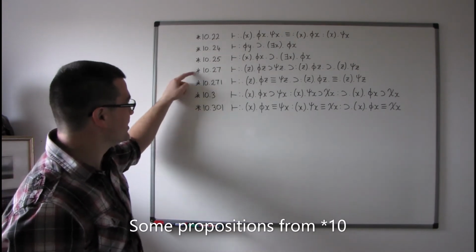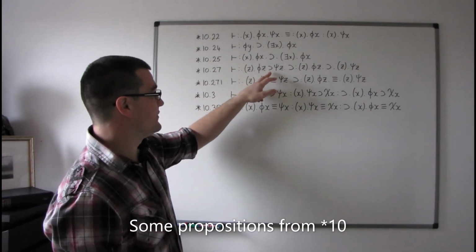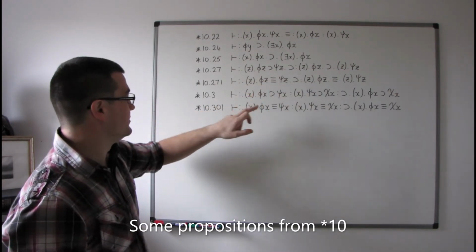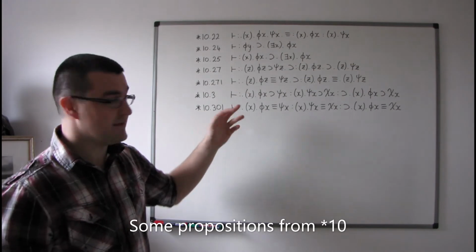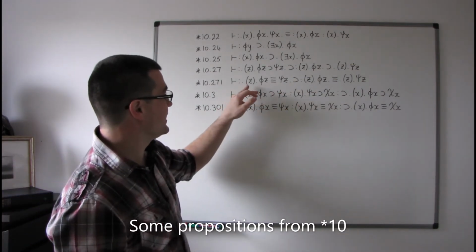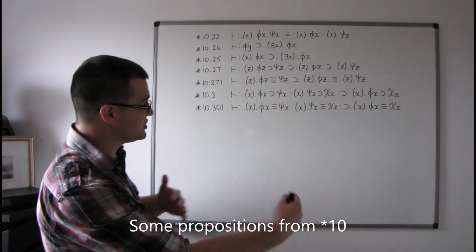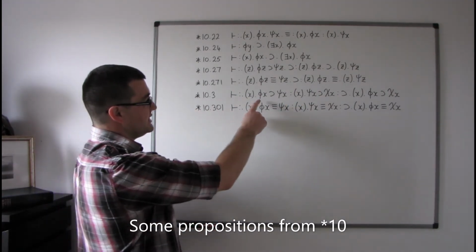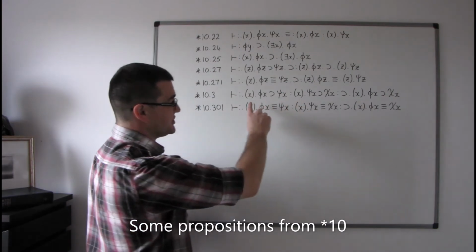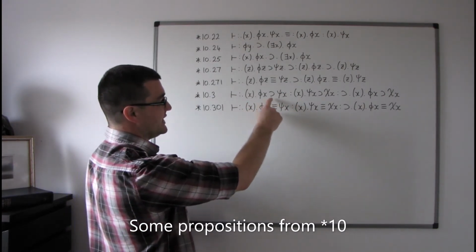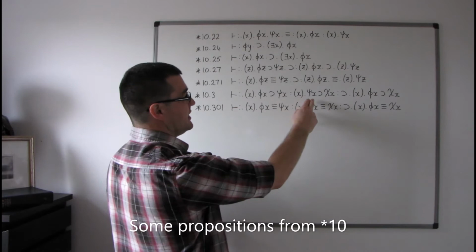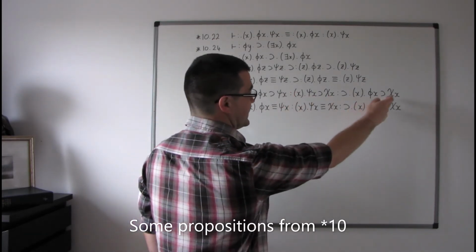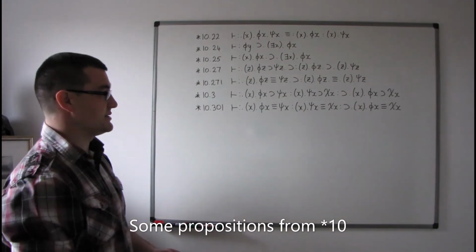10.271 is similar to 10.27, except instead of formal implication here we've got formal equivalence. But again we see a similar effect with the scope. The scope of the apparent variable is changing from one side to the other. 10.3 is the syllogism. So if we've got phi x implies psi x always, and psi x implies chi x always, then phi x implies chi x always.